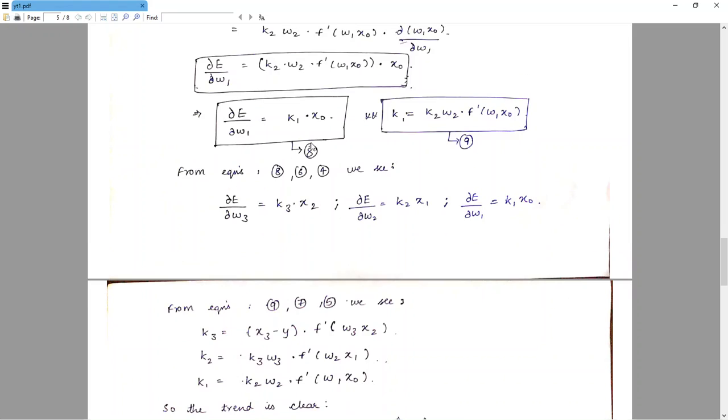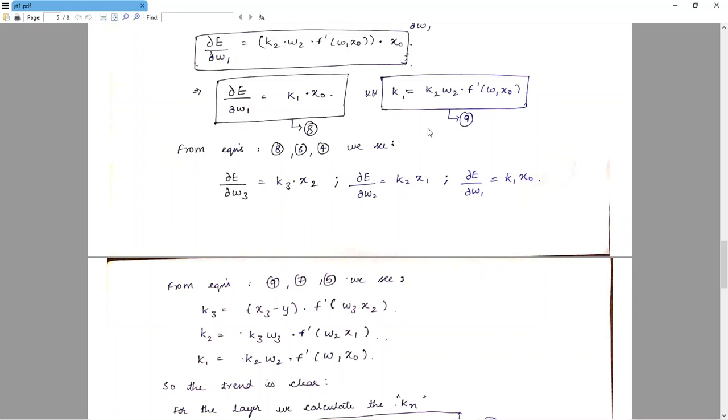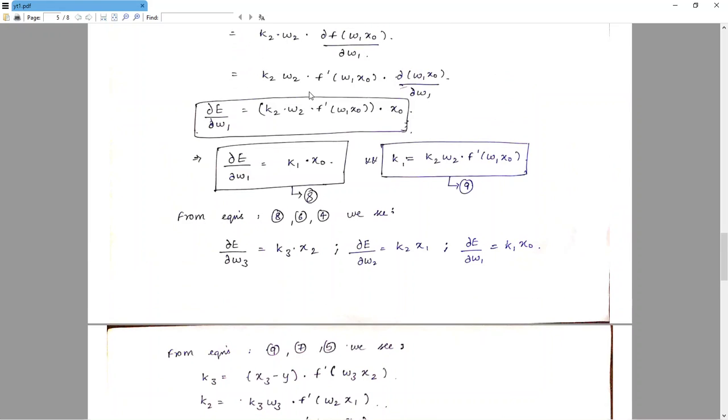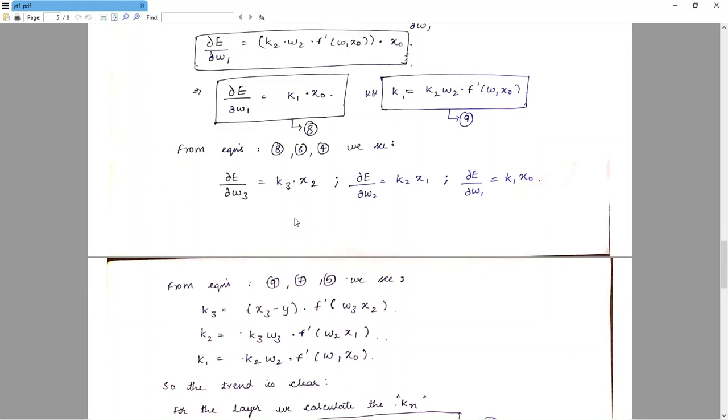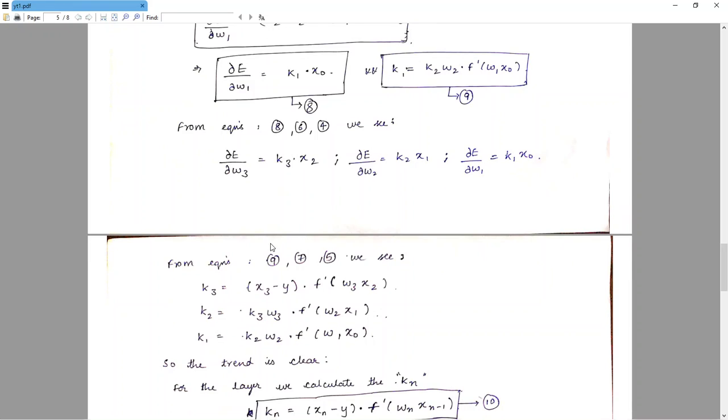So you can clearly see the pattern. k1 is dependent on k2, and k2 is dependent on k3. So if we just find k3, we can find k2 and k1 and k0, and however many other layers there are. From the final output layer, you can go to n number of backward layers as long as computers allow.